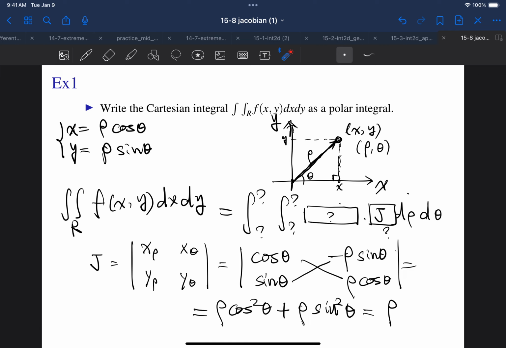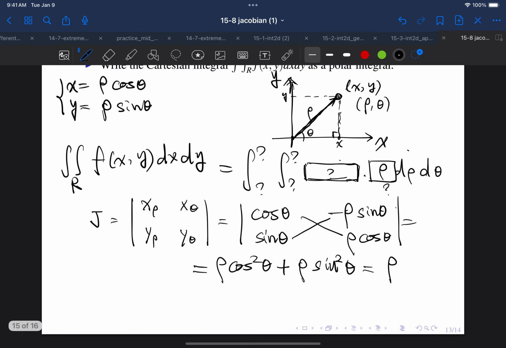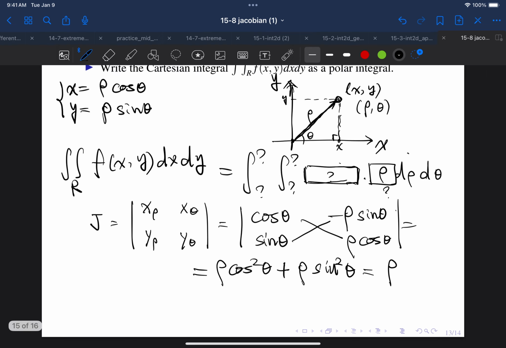So we can write this here. What do we need to put here? x is replaced by rho cosine theta, and y is replaced by rho sine theta.